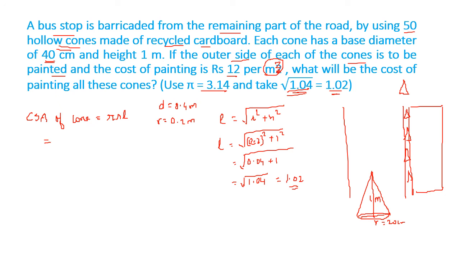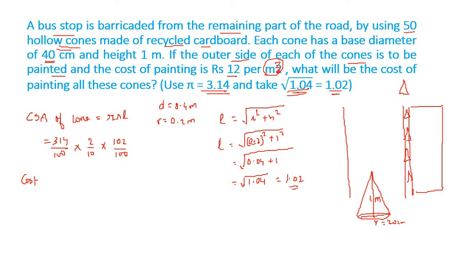So for the area of the cone, we have to use pi as 3.14. So 314 upon 100 into r, the radius is 20 centimeter or 0.2. I'll write 2 upon 10 into L. L is 102 upon 100 or 1.02. Right? So this is the CSA of the cone. Now cost of one cone will be how much?